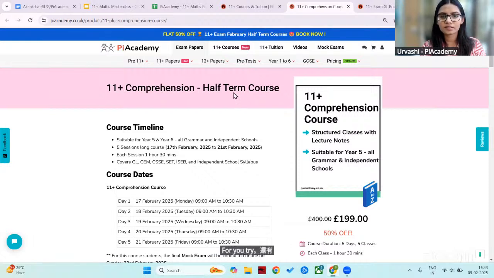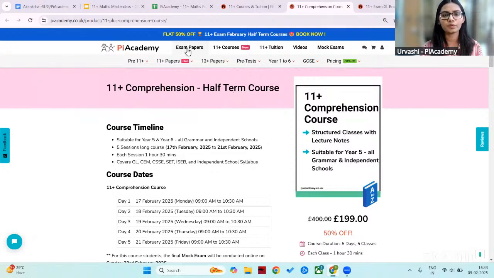How do you know the model of papers of schools like QE and Wilson when those papers are not publicly available? That's a very nice question. We have an entire team who look after and do all the research for you, and that's how they come up with all the questions and papers for specific boards.